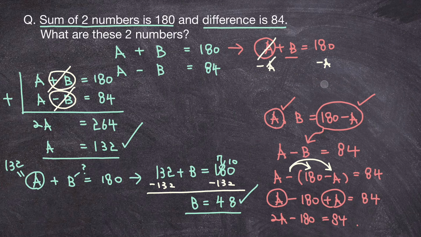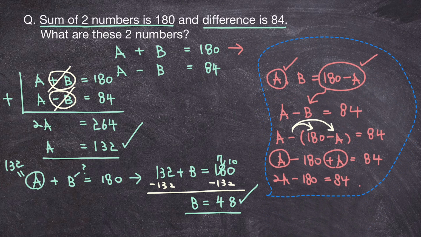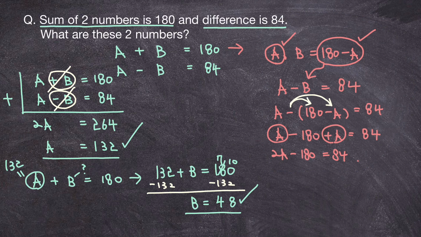And let me move my numbers up so that we can continue on. To solve for A, I am going to add 180 to both sides. Then I get what? 2A is equal to 84 plus 180, which is equal to 264.